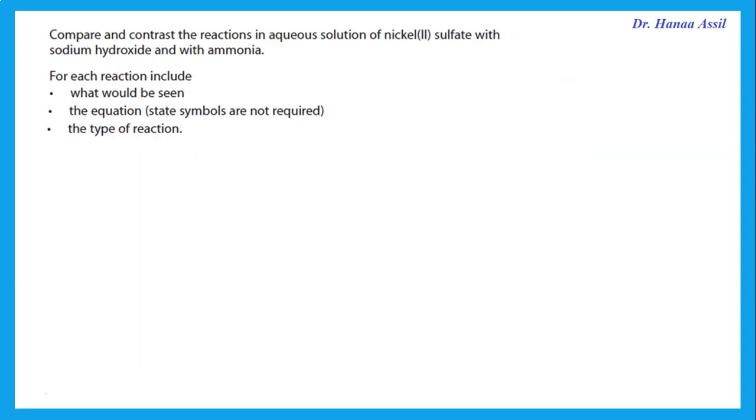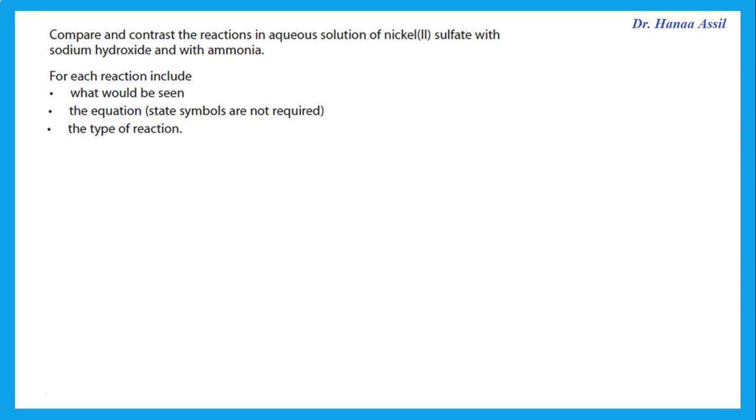Now, this is a type of question that usually has about 6 marks. And here you're required to compare and contrast the reactions in aqueous solution of nickel 2 sulfate with sodium hydroxide and with ammonia. So we need to mention what would be seen, the equation, and the type of reaction.